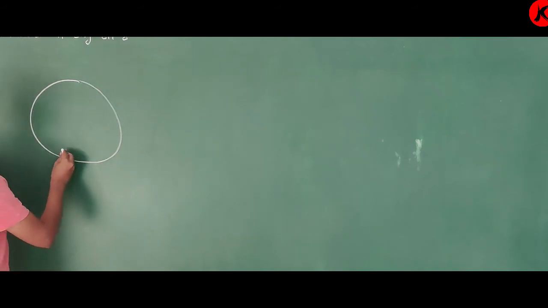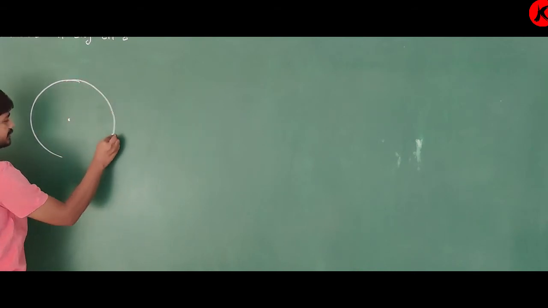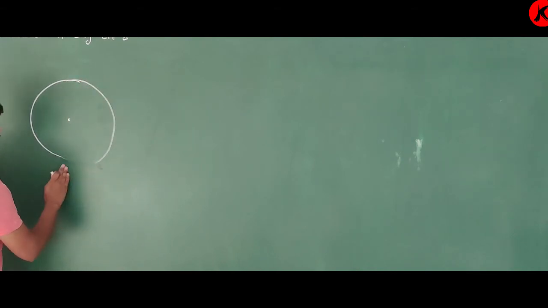Now we will see the conclusion of these two theories. See, here it is Earth, and it is its center. Its radius is RE, that we know.